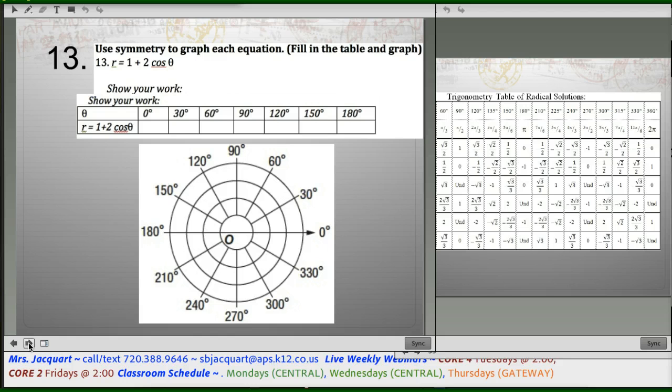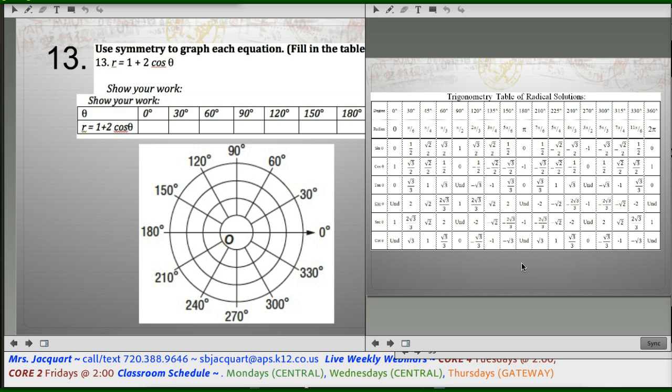So if we want to work this problem, I'm first going to find out what cosine of 0 degrees is. So let's go over here and highlight it. Cosine of 0 is 1. Cosine of 30 is square root 3 over 2.